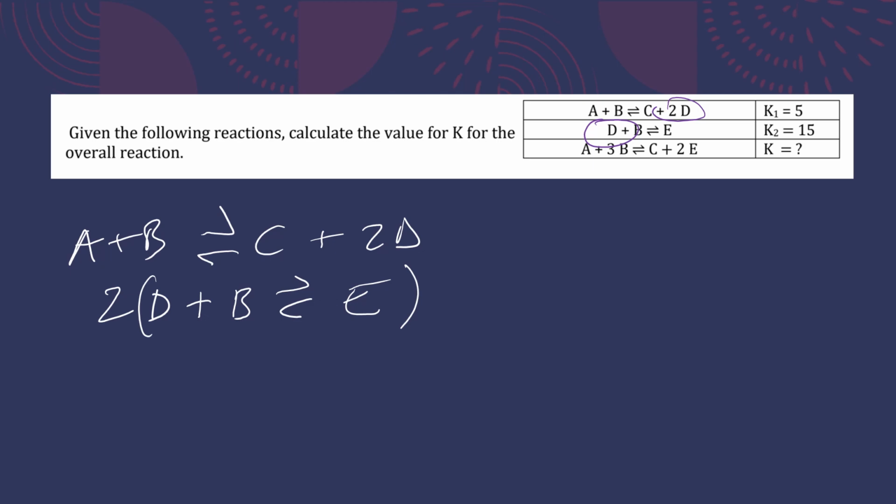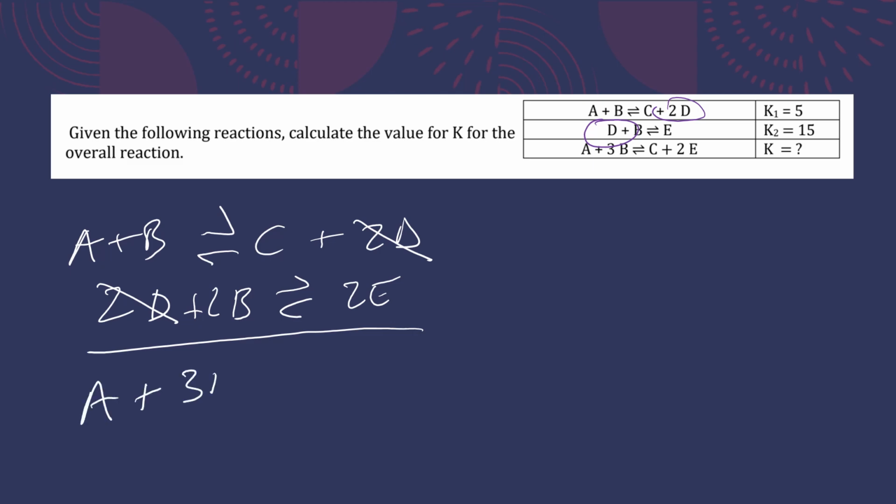So it becomes 2D plus 2B produces 2E. Then my 2D's cancel out. And in the end, I actually end up with A plus 3B produces C plus 2E.